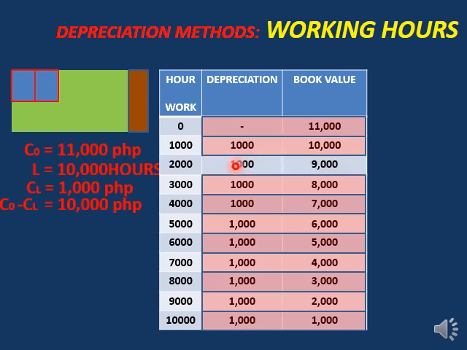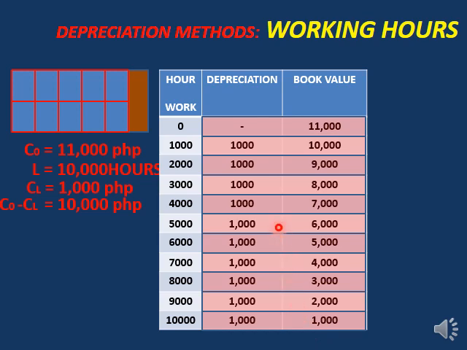Another 1,000 hours of printing, another 1,000 pesos has depreciated, and so on up to the ninth 1,000 hours of printing. Printing another 1,000 more, it now has totally consumed the services, leaving only the plastics and metals in the photocopier.